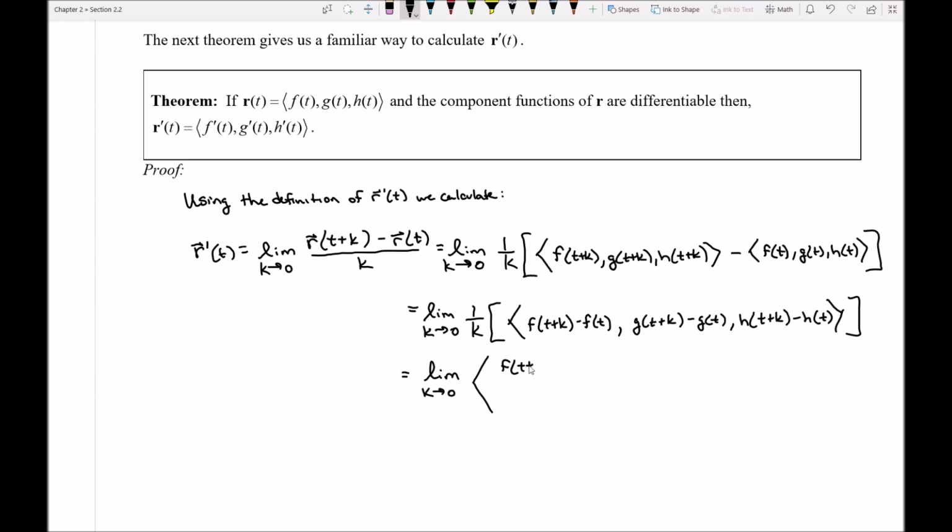It's my f of t plus k minus my f of t all over k, my g of t plus k minus g of t also all over k, and my h of t plus k minus h of t all over k.